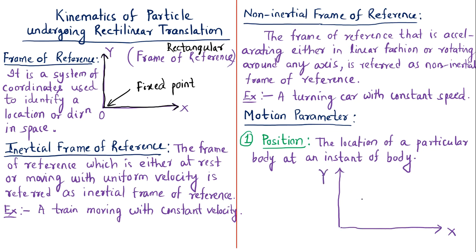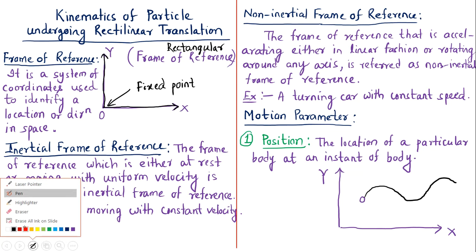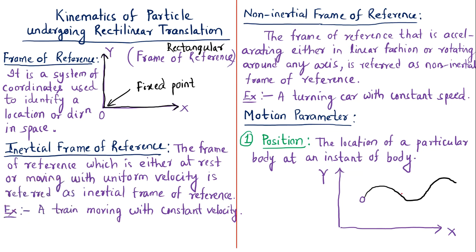One particle is there, and the particle is traversing a path like this. Clear? At a particular instant of time, let the particle be at this position.